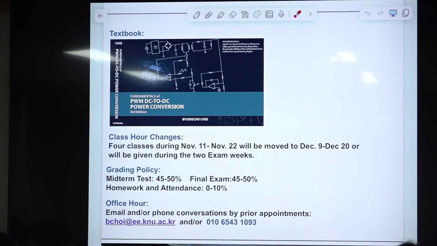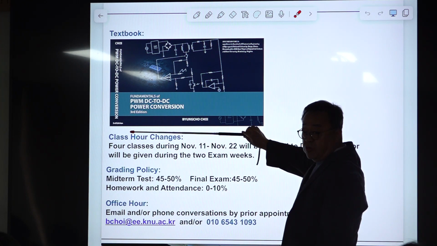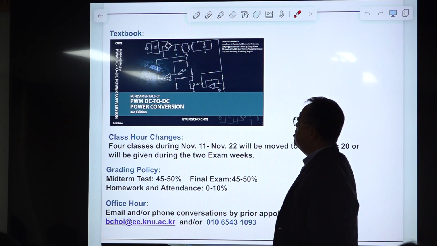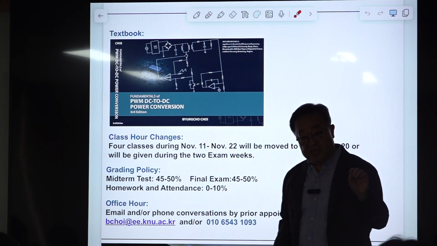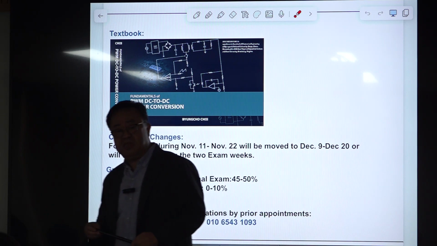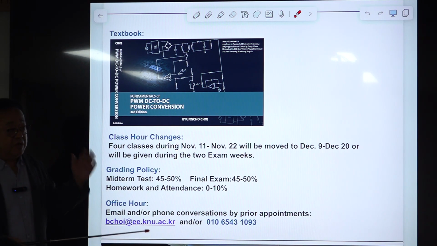So I wrote this version. This version is in English. It is also in English, but it contains maybe 90% of that expensive book, at a very low price. This is about 25 dollars, which is 30,000 to 40,000 won in between.